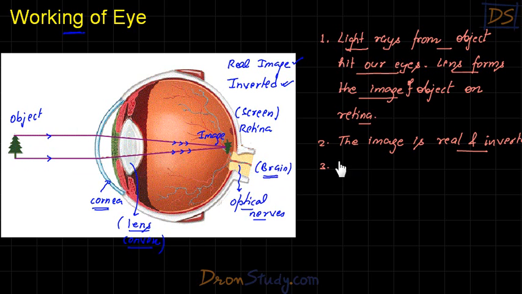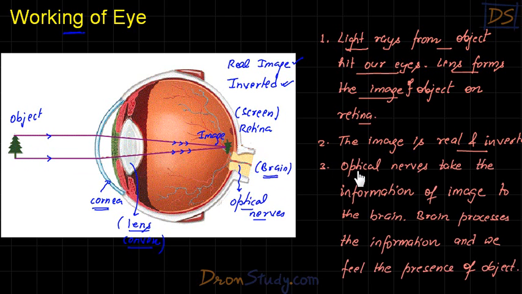Okay students, let me write this down. Optical nerves take the information of the image to the brain. As I told you, the brain processes the information and we feel the presence of the object. You understand? So that is how the eye basically works. This is something very basic.